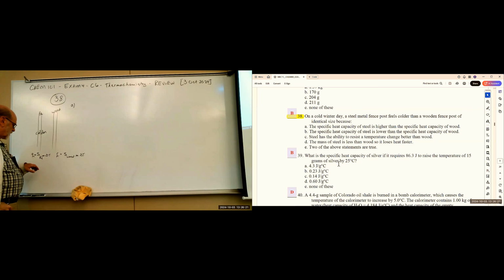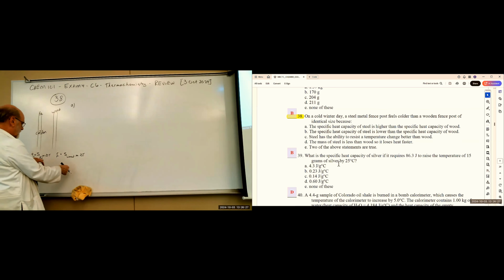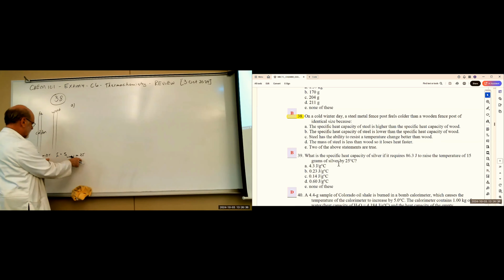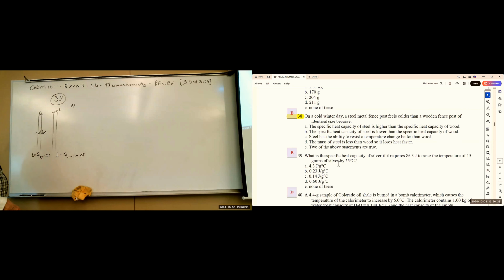So we're pretty sure that these two are different. The specific heat capacity is different, and we can say that the masses are the same. But just as an argument, temperature change might be a little different.